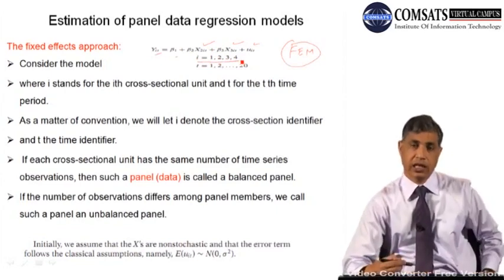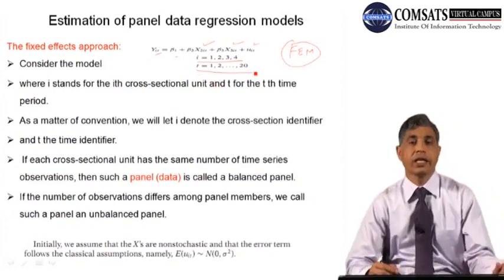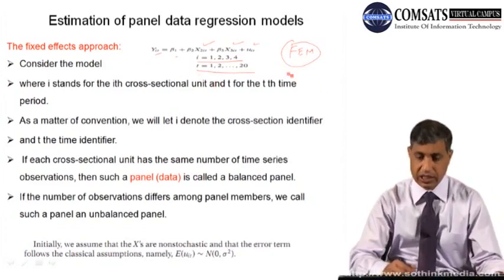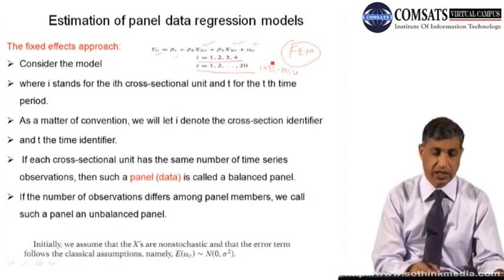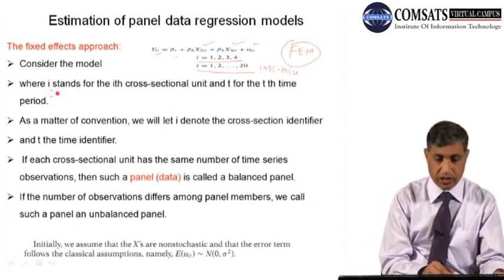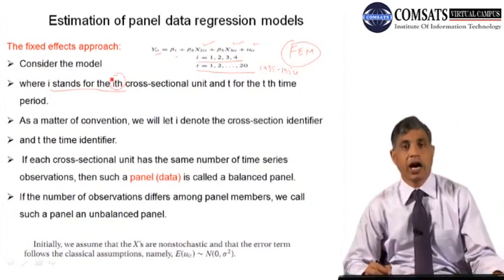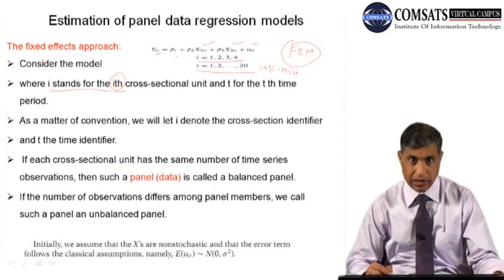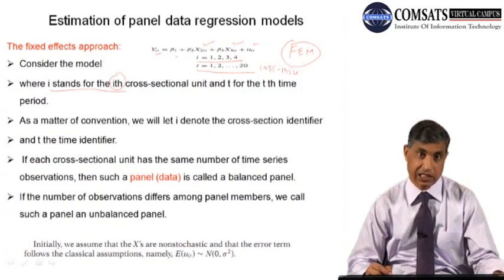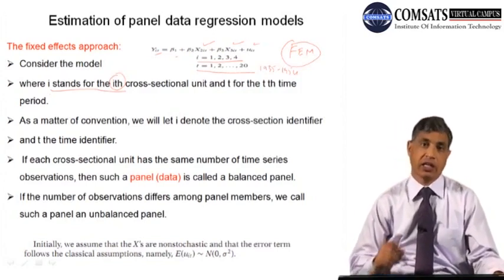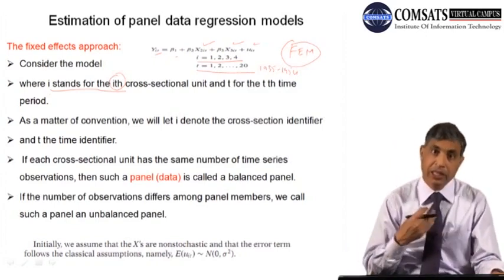You know there are 4 cross-sectional units, and t goes from 1 to 20, and the time period for this is 1935 to 1954, 20 observations. Remember, i stands for the ith cross-sectional unit. i1 means General Electric, i2 means General Motors, i3 means United States Steel, and i4 means Westinghouse.